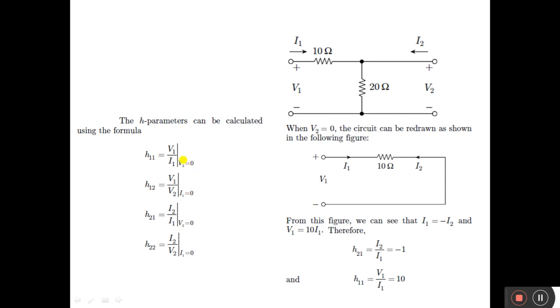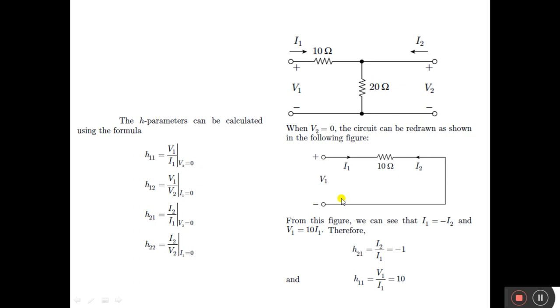V2 equal to 0 means you short circuit the port, and I1 equal to 0 means you open circuit the port. So first I made V2 equal to 0 in the circuit. If I short circuit this, the 20 ohm has no effect, so I removed it. The modified circuit looks like this.